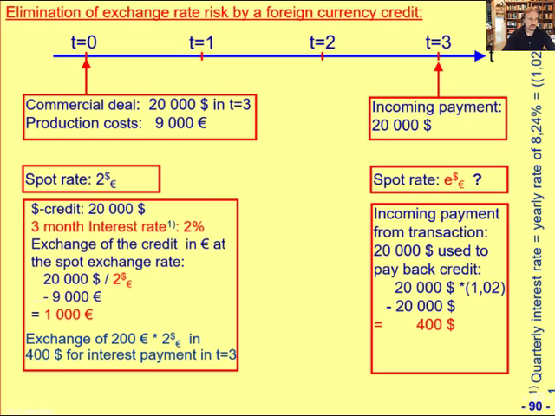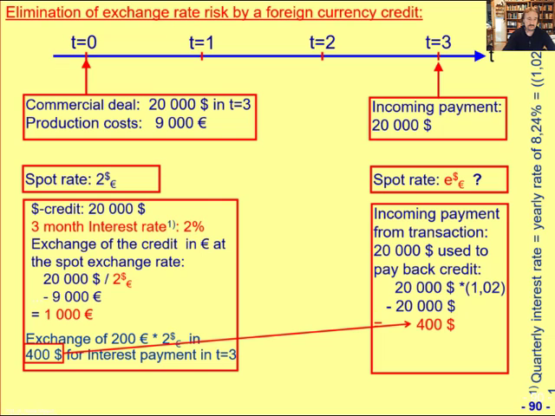In order to make this sure, we have to subtract 200 euro from our gross profit, exchange it back into dollar at the spot rate, which is certainly given at this point in time, and then we will receive $400. Now we have to keep these $400, let's say, in our cash drawer and wait until we need to make the interest payment 3 months ahead.